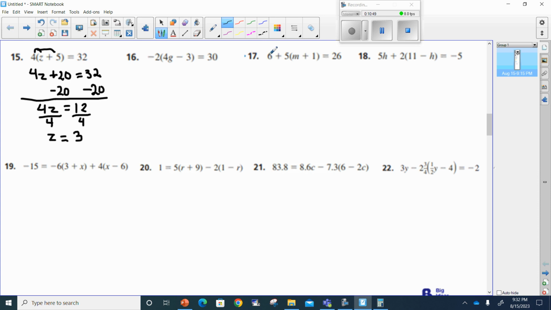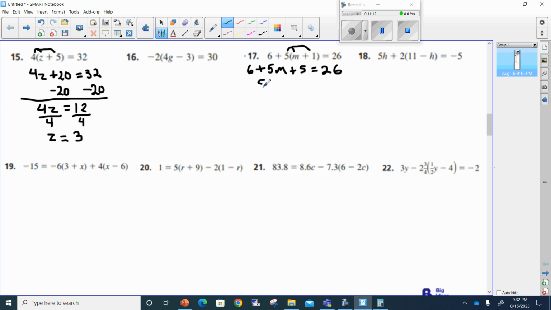Let's go to 17. Again, we're going to distribute properties. This would be 6 plus 5m plus 5, because 5 times 1 is 5. It's going to equal 26. I can combine like terms on this side because 6 and 5 make 11.